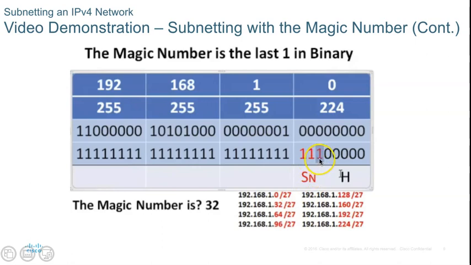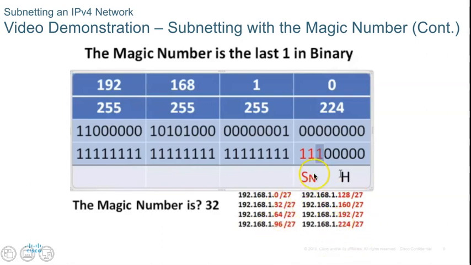As soon as you find the magic number and you know you need 8 networks, you go from 0 through 7, and you just keep incrementing the number by 32, and you should find all the networks that you need.